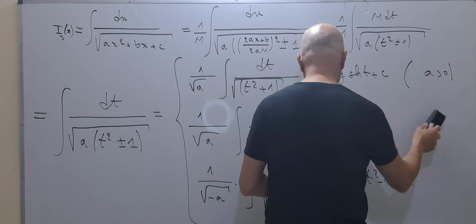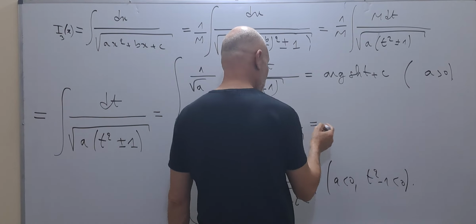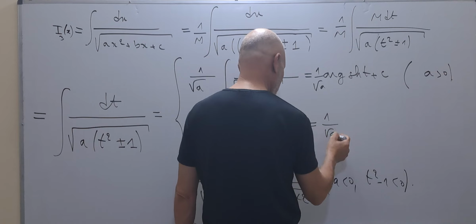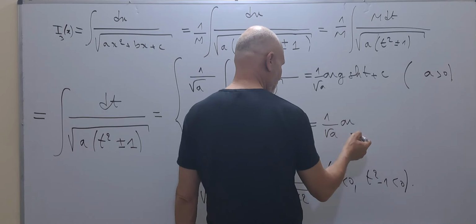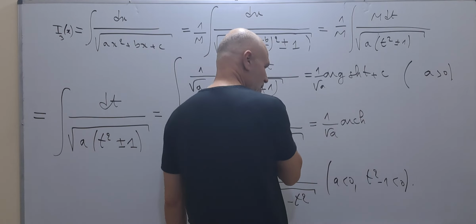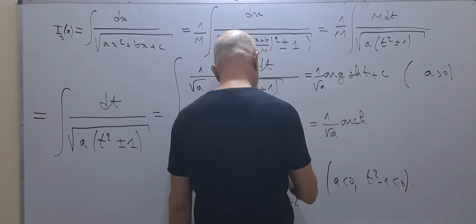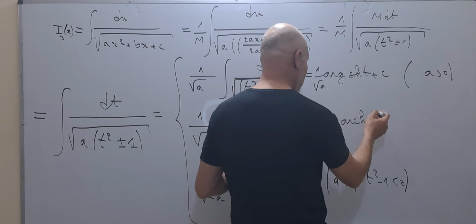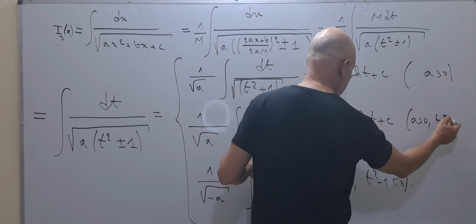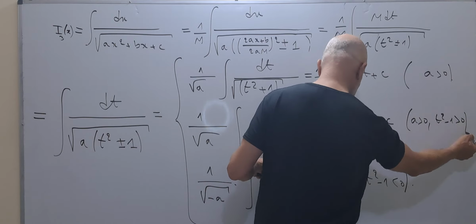For this case, this is equal to 1 over the square root of a arg ch t plus c, for a positive and t squared minus 1 positive.